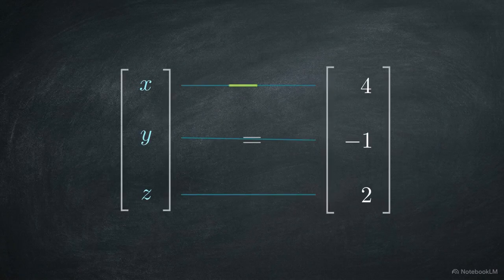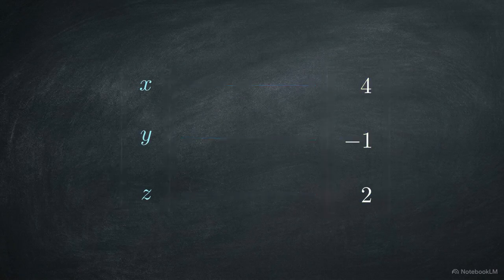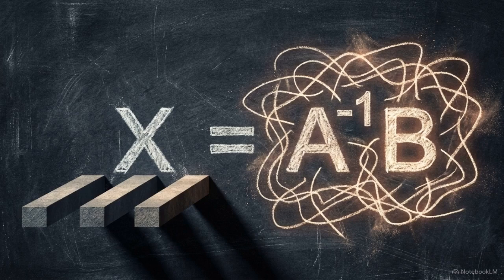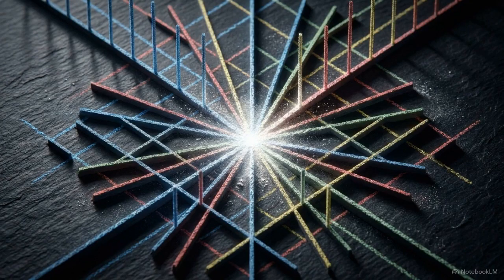The numerical values in this final column map 1-to-1 with our original variables, giving us the exact answers for x, y, and z. By substituting standard division with the inversion process, we resolve the system through a controlled sequence of matrix operations. This methodical approach handles high-dimensional variables with exact algorithmic certainty.